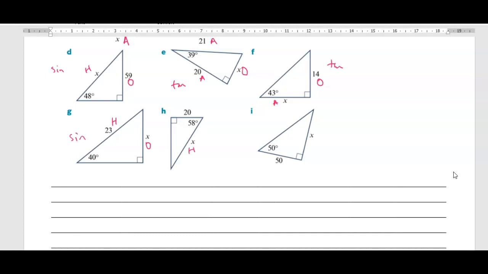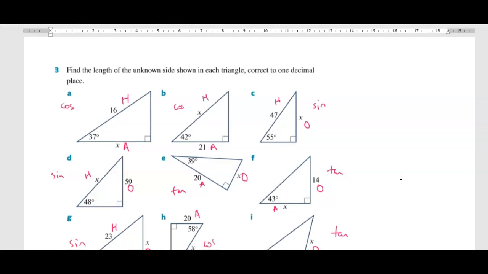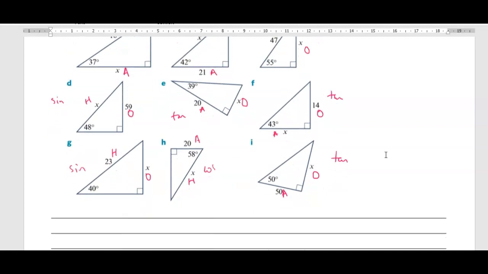Here we've got hypotenuse and adjacent. So that's cos, and your unknown is on the denominator. And then we've got opposite and adjacent. So we're using tan, and your unknown is on the numerator. Okay, so they do alternate between the questions we did in question 1, question 2. So remember, question 1 focused on the unknown on the top of the ratio, on the numerator, and question 2 focused on the denominator. So hopefully you can go through and do them.